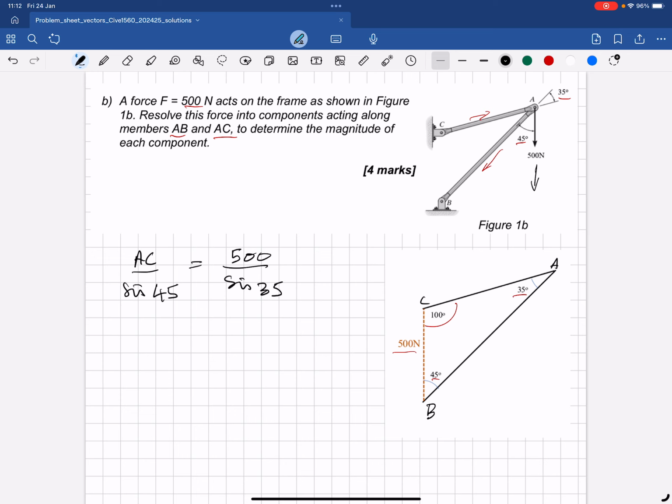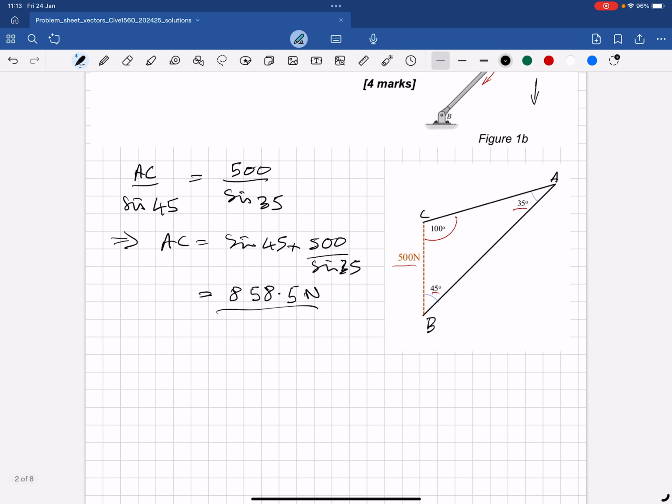And this comes down to AC equals, well, you can write out the whole thing, sine 45 times 500 over sine 35, and then the number we get is 858.5 newtons, for AC.